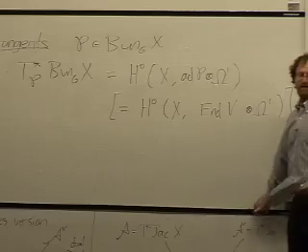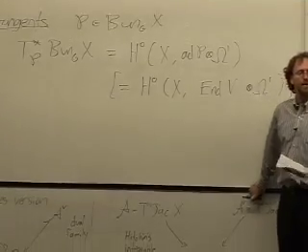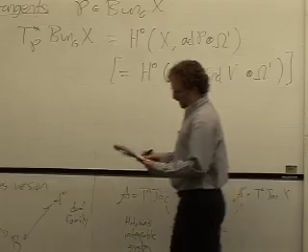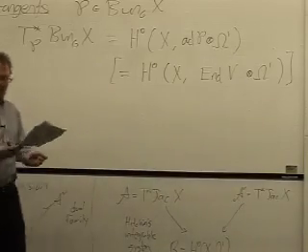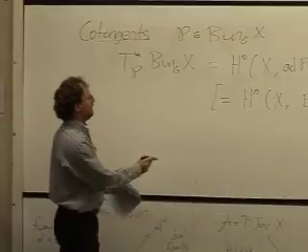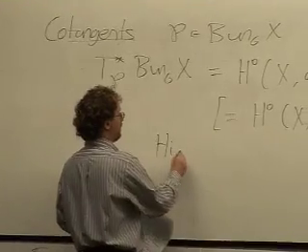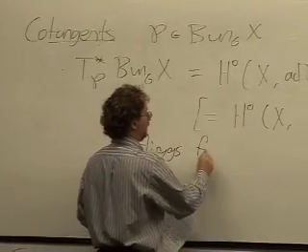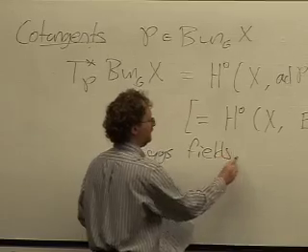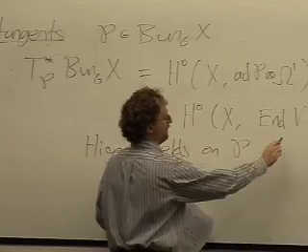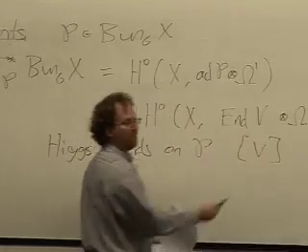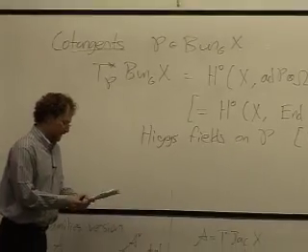And remember, I'm treating this as a smooth variety, so it's going to have some nice definition of a cotangent space, at least. These things we're going to call Higgs fields, Higgs fields on P or on V, where V is my notation for the corresponding vector bundle.